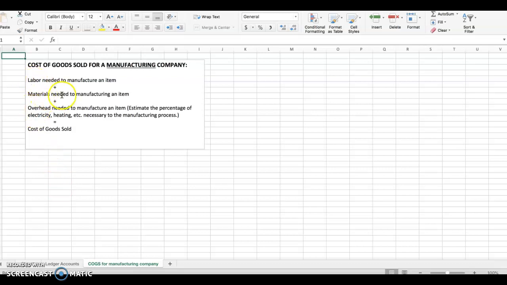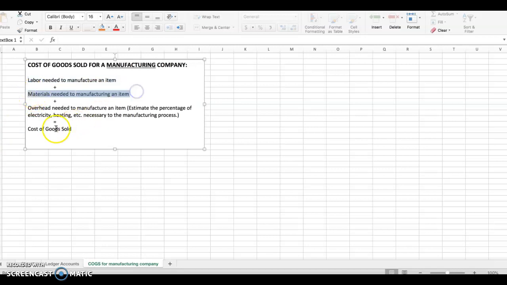They have to consider the labor needed to manufacture the item. In other words, what did we pay the employees that actually manufactured the items? Not the administrators, not the president, not the secretaries, but the actual people who did the manufacturing. We need to figure that amount of labor, that cost.